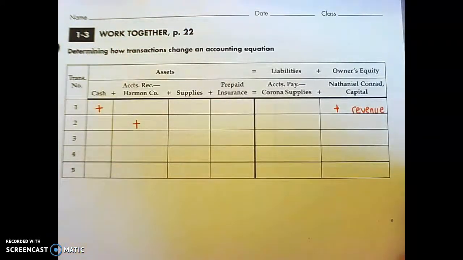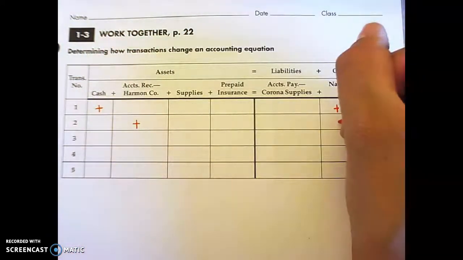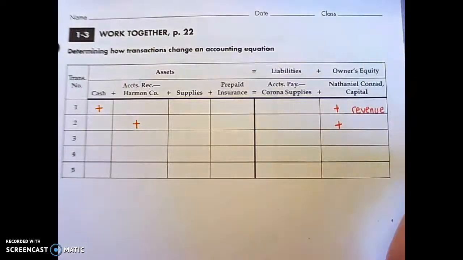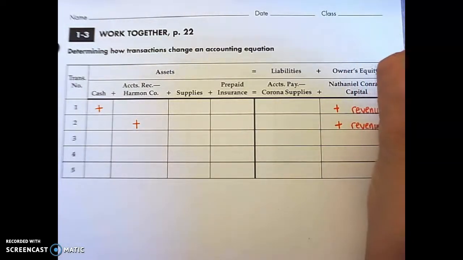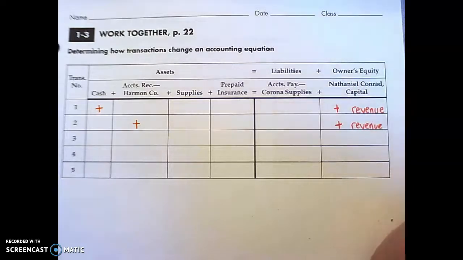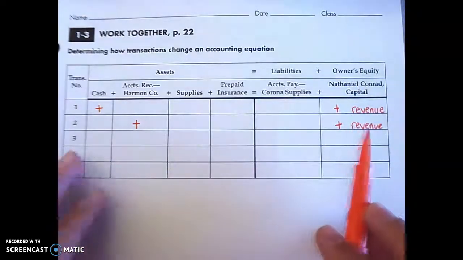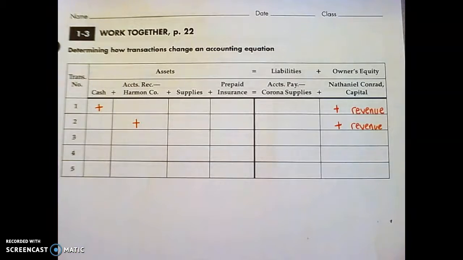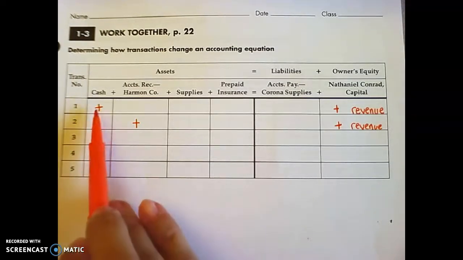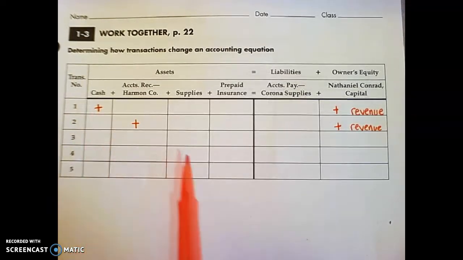And then we also sold services, which is basically just another word for making some revenue. So our revenue, which is going to be our capital account, is increasing. So the only difference between these two transactions is with one of our sales, we've received cash for it, and the other one, they charged it on account.